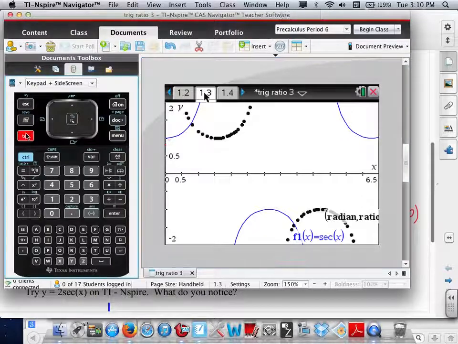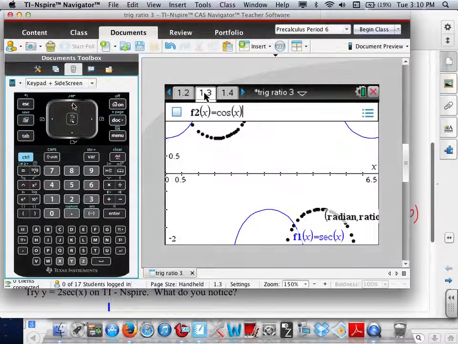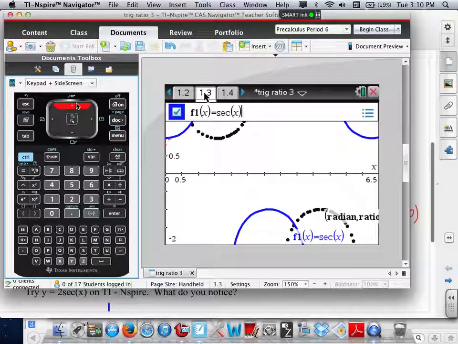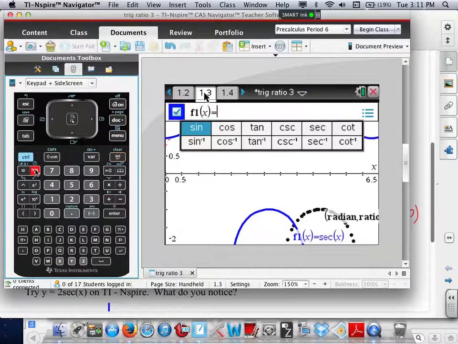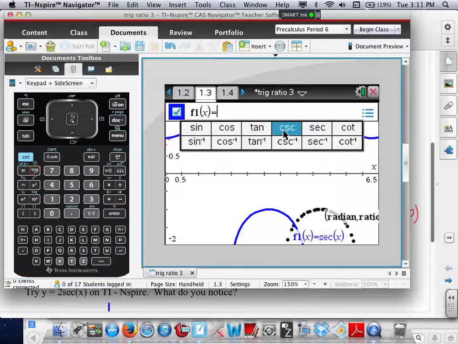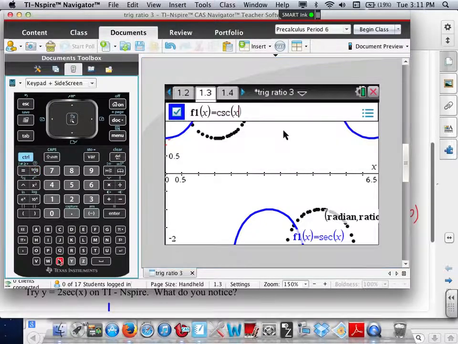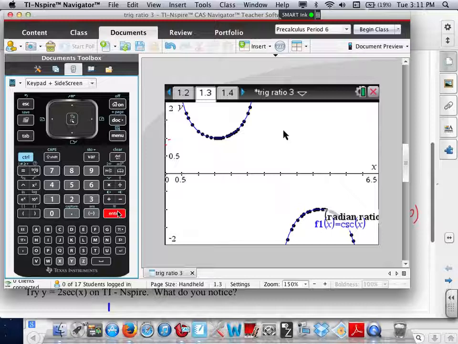If I go ahead and change what I had there to cosecant, hopefully it'll match up. Here we go. All right, same kind of parabola action.